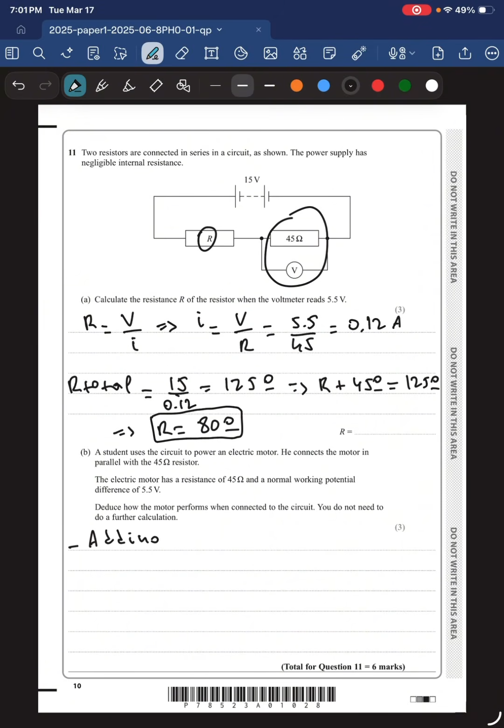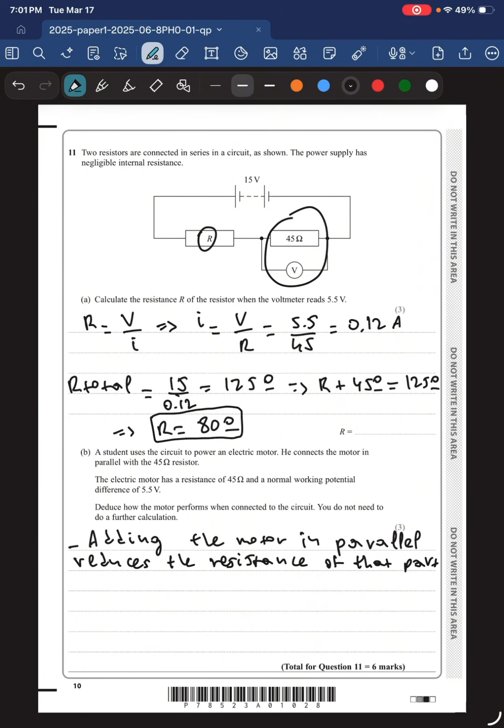So adding the motor in parallel reduces the resistance of that part of the circuit. Okay, and by that part I mean this part.